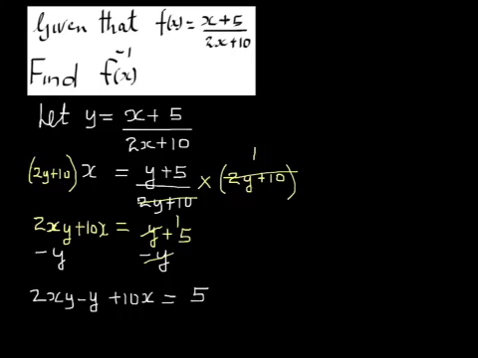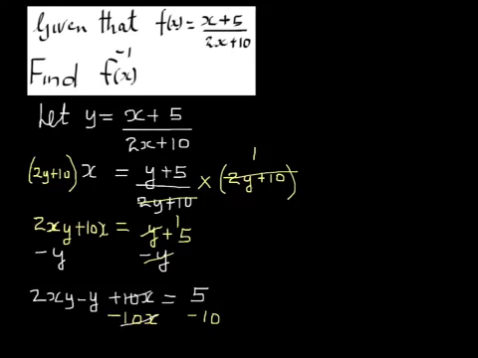We need to get all the y terms on one side. So we need to get rid of the 10x. So by taking 10x both sides, this here will become 0.